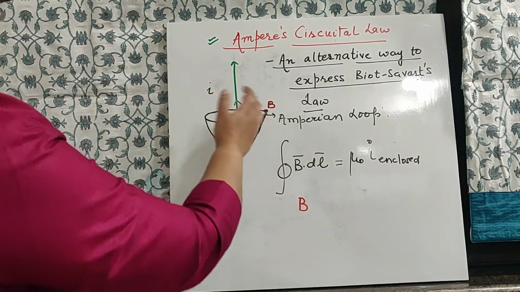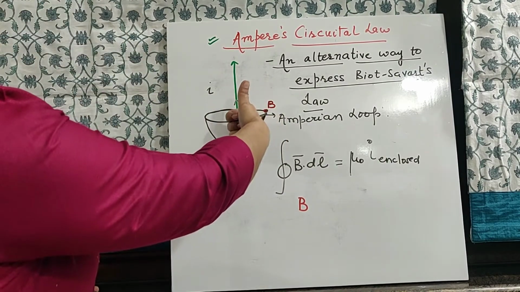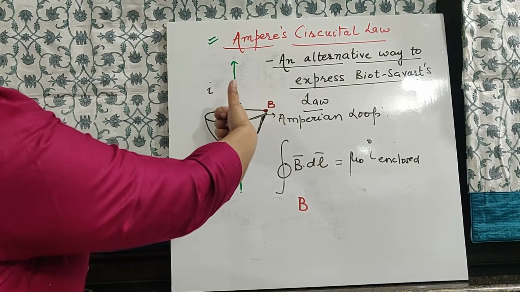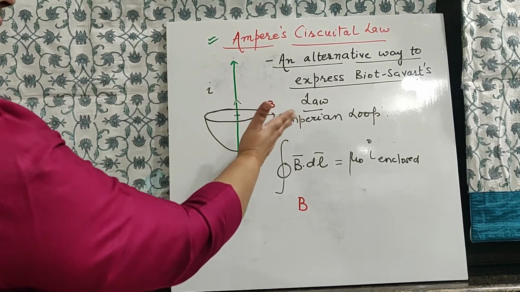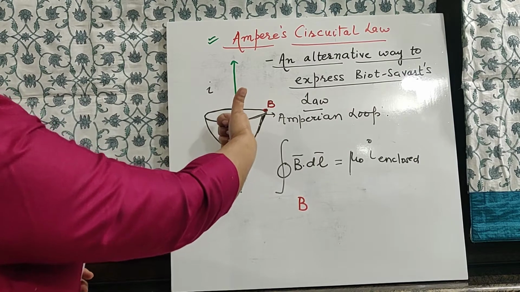Now, holding the conductor in our right hand and curling the fingers like this, so that the thumb points in the direction of the current, will give you the direction of the magnetic field. So, the direction of the curling fingers is giving us the direction of the magnetic field.